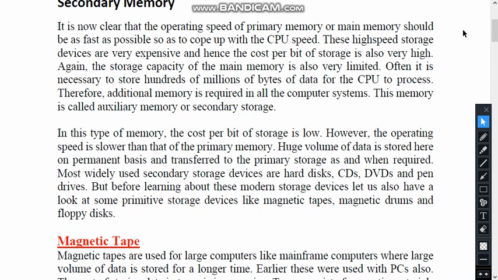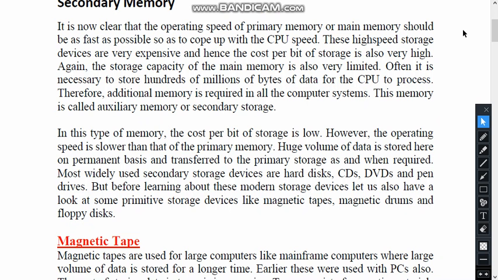In secondary memory, the cost per bit of storage is low. However, the operating speed is lower as compared to the primary memory. In secondary memory, we can store a huge volume of data, and this data is stored on a permanent basis.